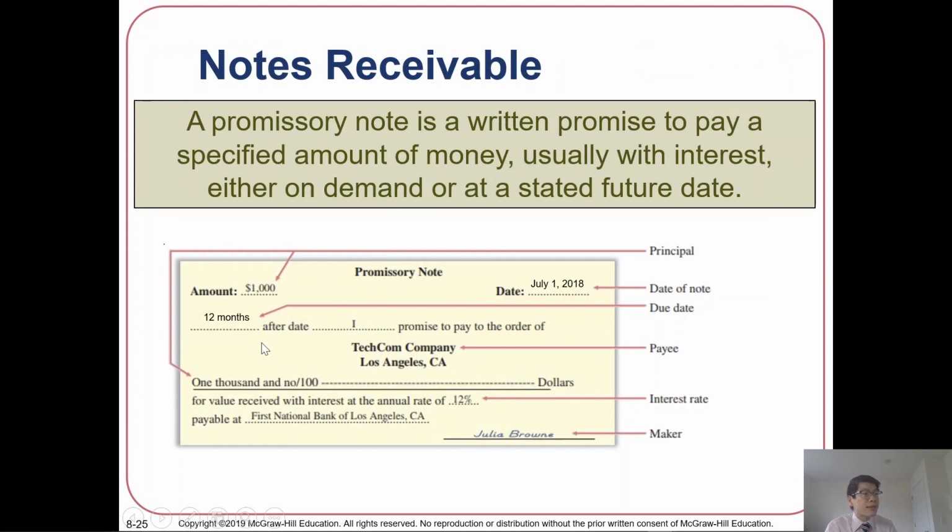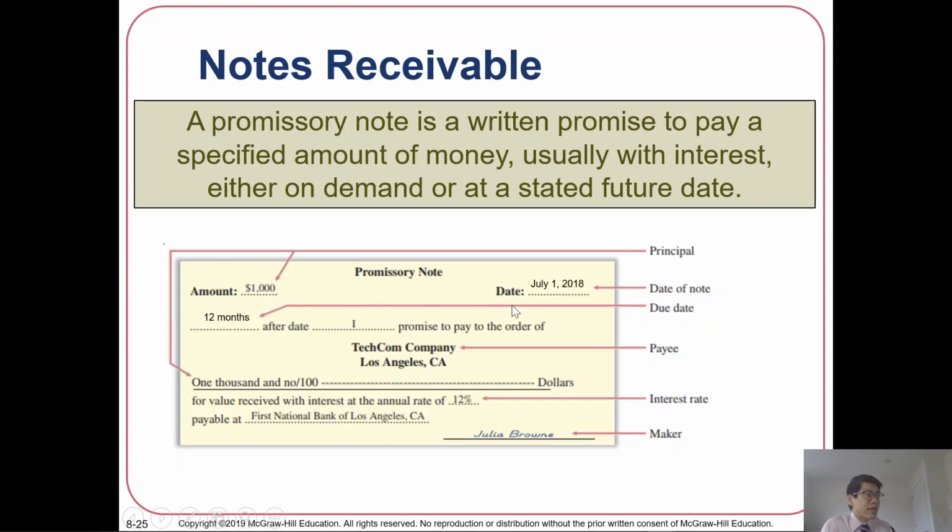Now let's look at this promissory note. This is an example. On this note, it indicates the principal amount, that's $1,000. If you are issuing this promissory note receivable, that means you lend $1,000 to your customers or to some third parties.